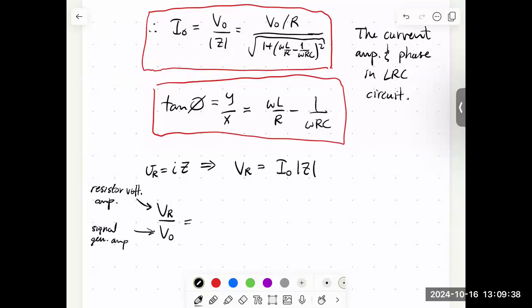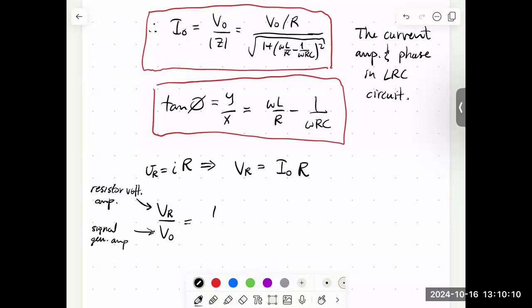So what are we going to get? I naught times Z. Well, sorry, I've confused myself a little. I have a mistake here. If I want the voltage across the resistor, what should I write down? Current times what? Resistor, right? Yeah, that's my mistake. So there we go, fixed it.